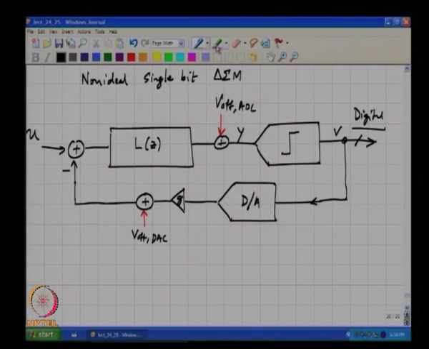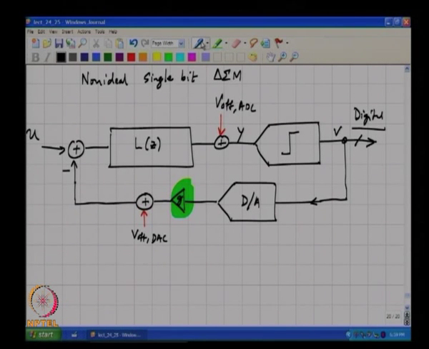What about the gain error here? What do you think it does? The feedback gain changing slightly will only introduce a gain error in the overall transfer function. Again, it does not affect linearity. You understand? So, this is an extremely important advantage when you design a single bit modulator, right.